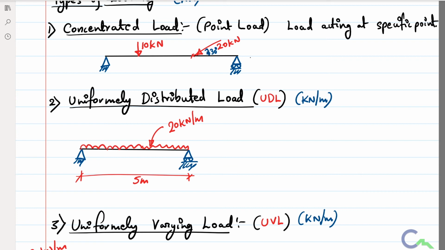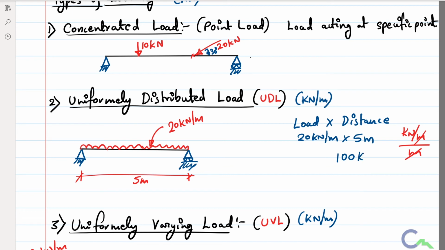To convert UDL into a point load, I can do it like this: load into distance. In this case, load is 20 kilonewton per meter, distance is 5 meter. So we will get 100 kilonewton. Whatever the UDL, I converted into a point load.